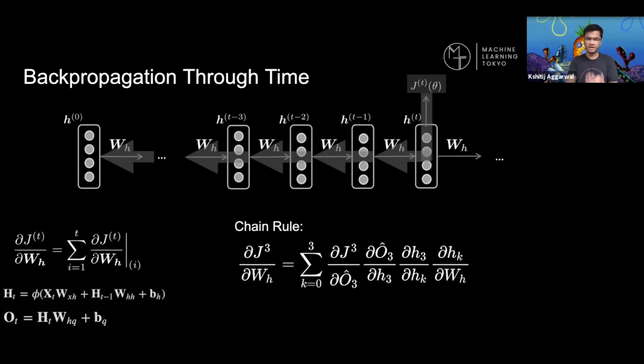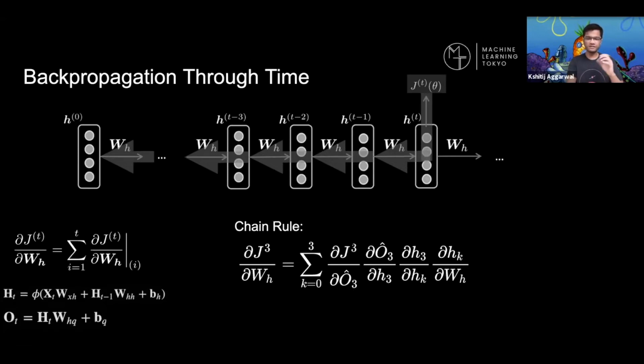So this is how it would look. Let's say I want to calculate the derivative of the loss at step number 3 with respect to the weights. And again, as I said, weights are shared. So all of these W_hh are the same throughout, and they are shared across all the different time steps.